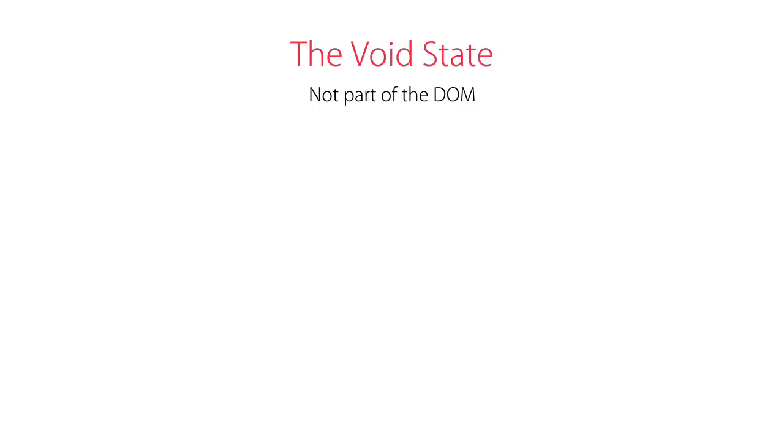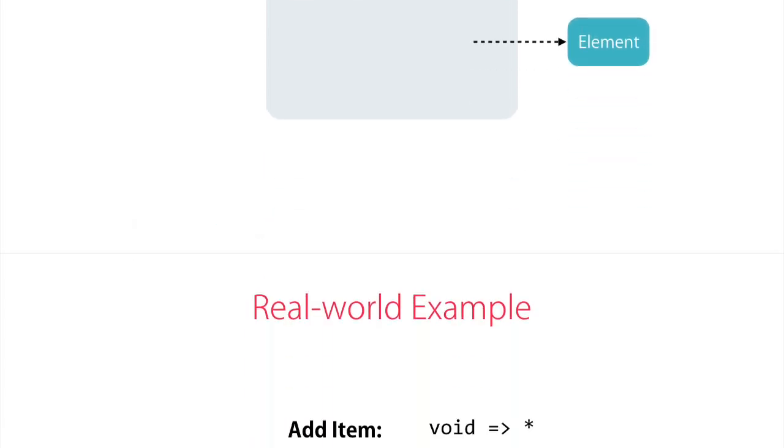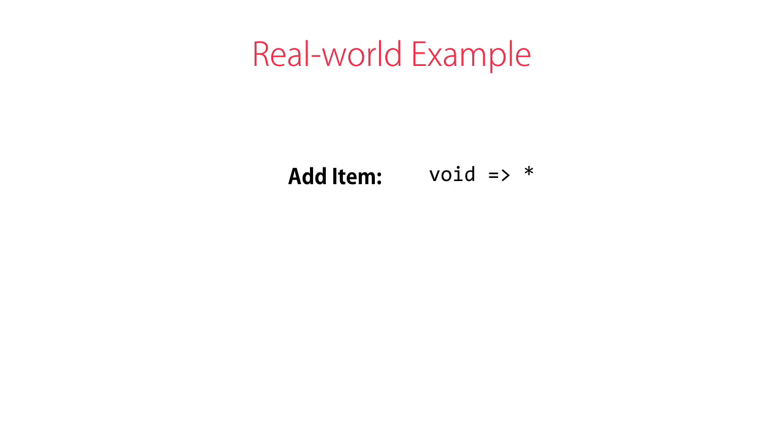The void state represents the state of an element that is not part of the DOM. And this can happen when an element is created but not placed in the DOM yet, or when it's removed from the DOM. Here's a real-world example. Think of a to-do list. Every time we add an item in the list, the corresponding element is first created, but it's not in the DOM yet.